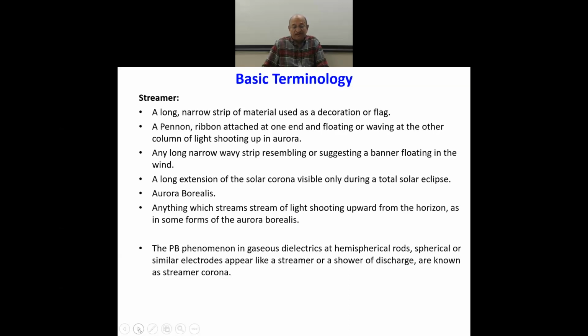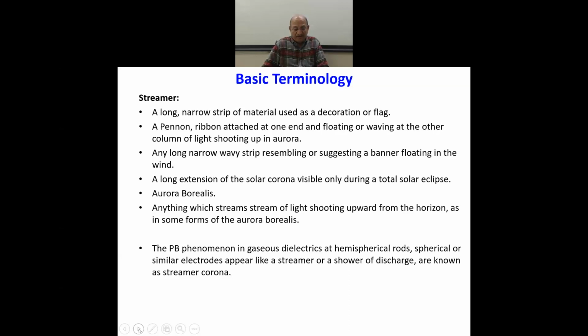You will see waves coming out of the fan formed by this paper. So this kind of light shooting in the Aurora, I'll come to Aurora next, is nothing but a streamer. But in electrical engineering, what is a streamer?